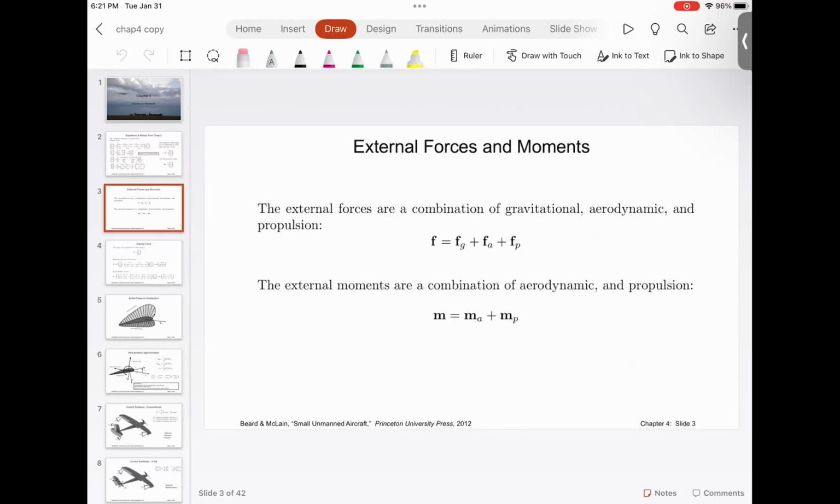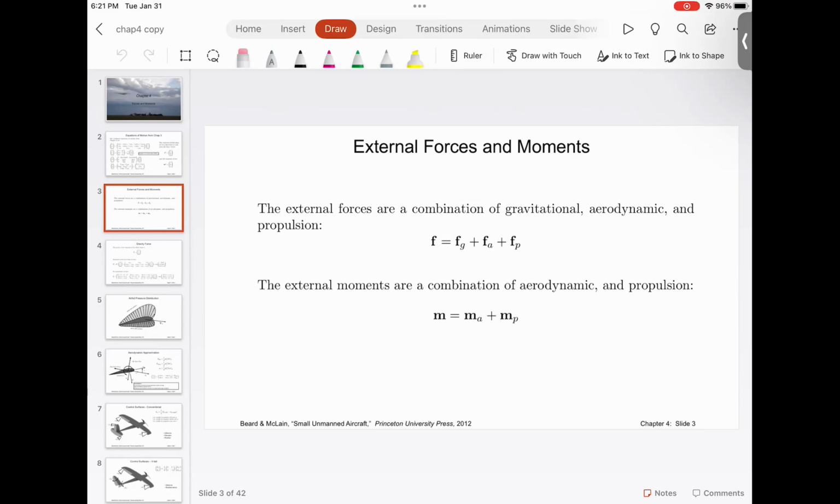Now, if you think about all the forces which are acting on an aircraft, there are 3 types of forces. One is the force because of the gravity, Fg. Second is the aerodynamic force. And the last one is the propulsion force. The propulsion could be because of the props, or it could be because of the jet.